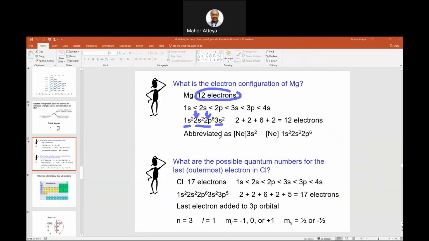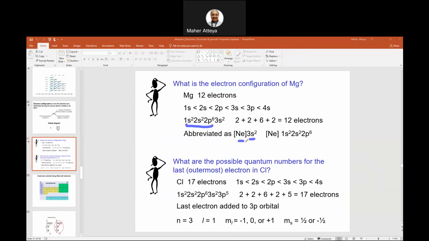So now we can abbreviate this by looking at this one here. This one is nothing less than just neon. So we can say neon, and take this one here. This is neon because it comes up to here, 10, and then 3s2.